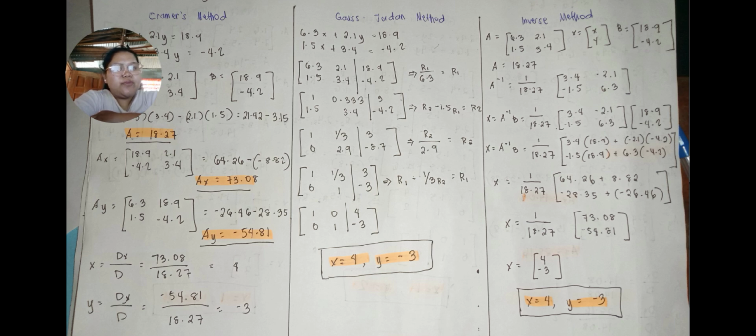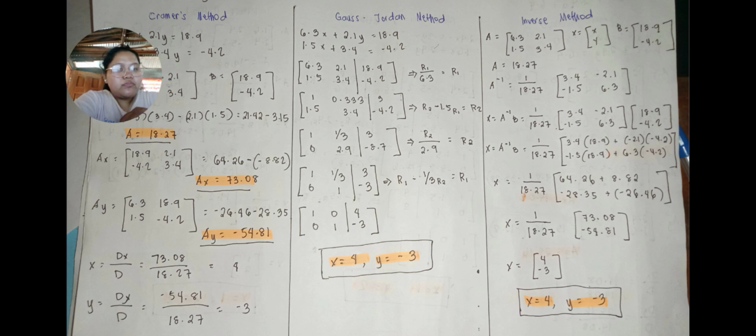3.4, negative 1.5, negative 2.1, and 6.3. So, we are going to put the B value in order to get the inverse of A, and in order also to get our x and y. We are going to multiply A and B, and after that we are going to divide by the given determinant.